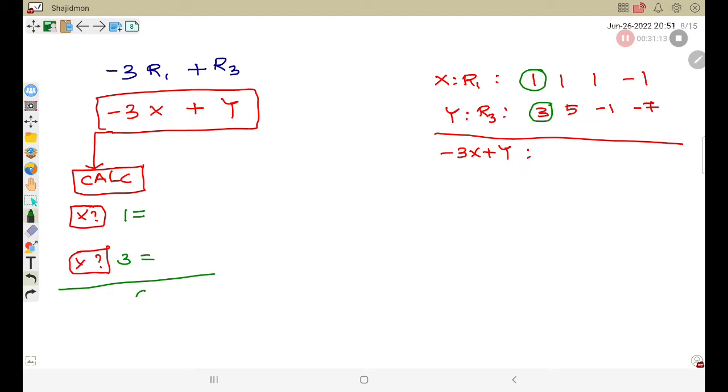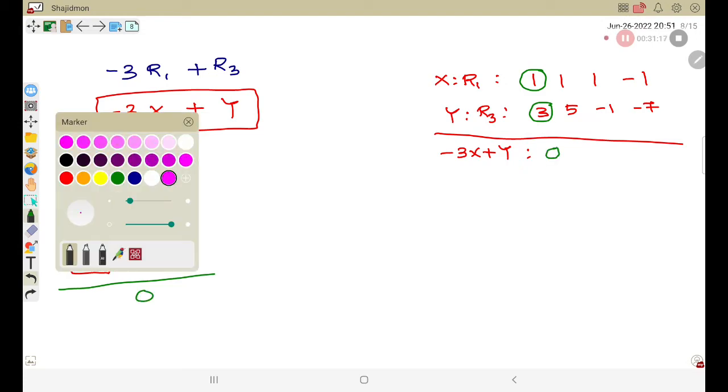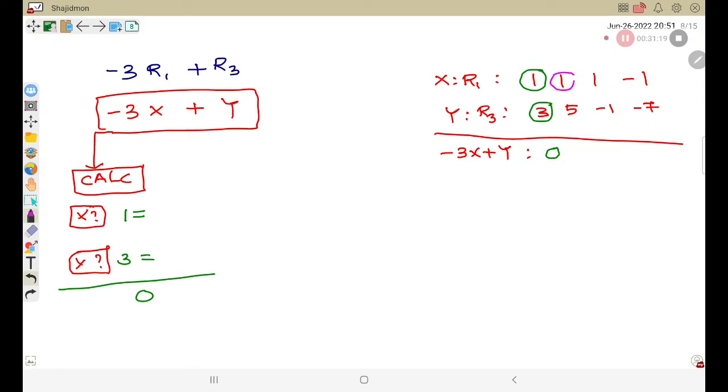Immediately you will get the answer 0. Then again press calc, x number 1, y number 5, you will get 2. Again press calc, x number 1, y number minus 1, you will get minus 4. Again here minus 1 and minus 7, you will get minus 4.